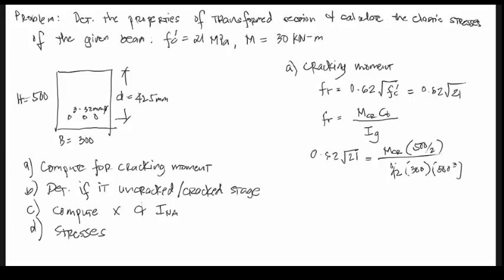Naalala nyo pa yung mga formula nyo ng moment of inertia? So what is MCR? Can we compute? 0.62 square root of 21 equals MCR multiplied by the depth over 2 over 1/12 multiplied by 300 times 500 cubed.